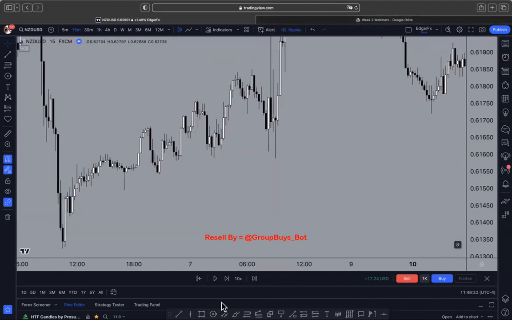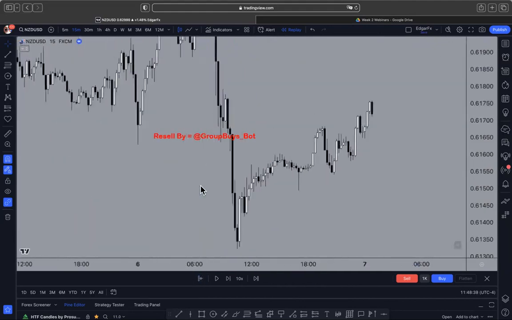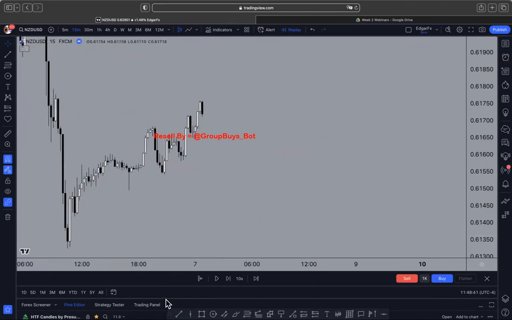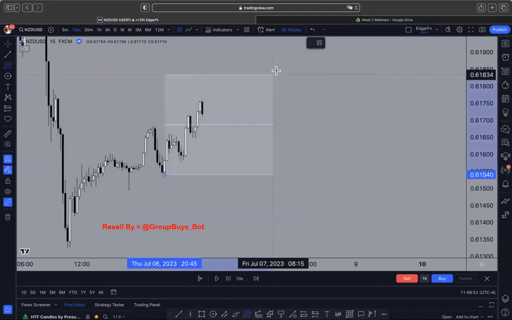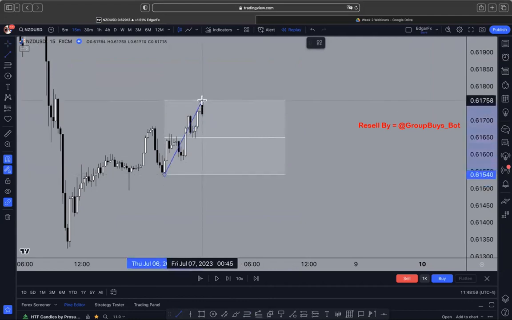Suppose we could do this one here. If I did from this low to this high, this is the range.